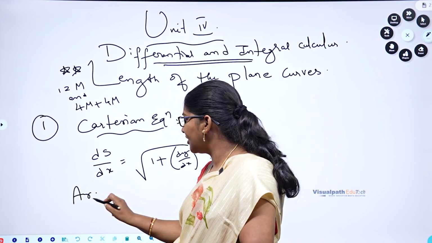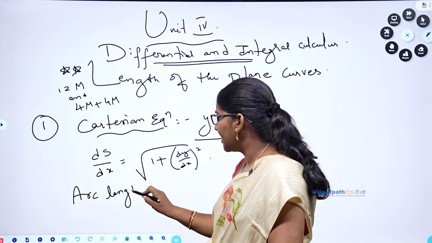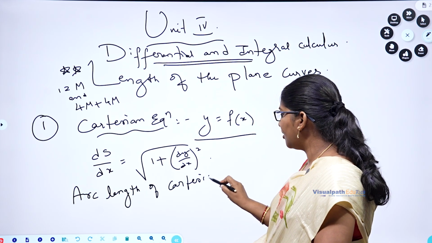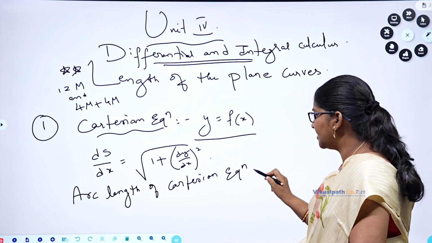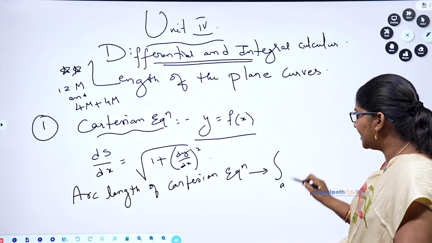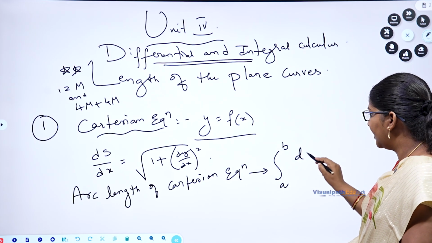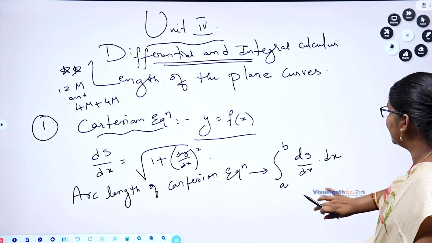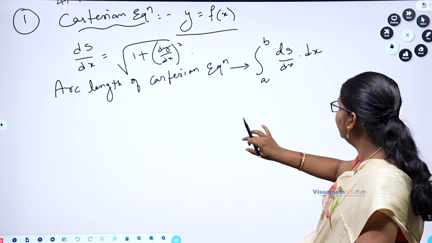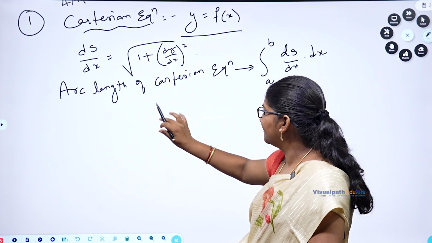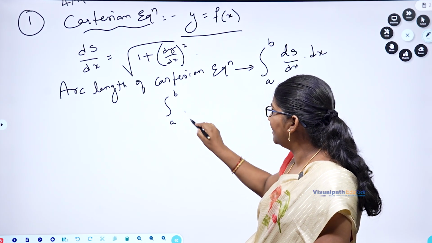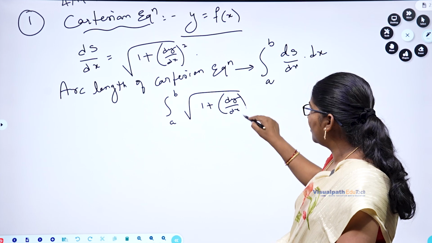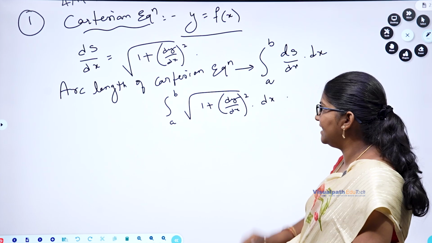Arc length of Cartesian equation is given by integral a to b ds by dx into dx, that is integral a to b under root 1 plus dy by dx whole square into dx.